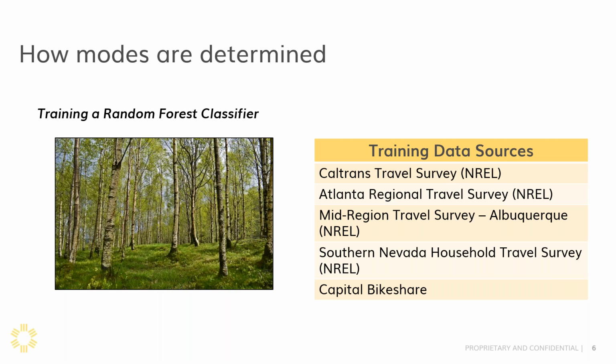And then we look at the characteristics of that ping and the probability that it is a certain type of trip. We do that using the speed profiles of vehicles that we know, along with speed profiles of someone walking or biking.